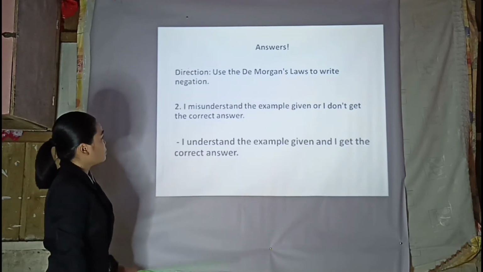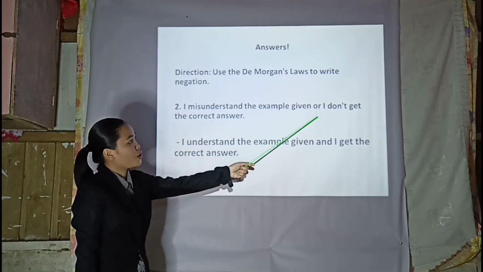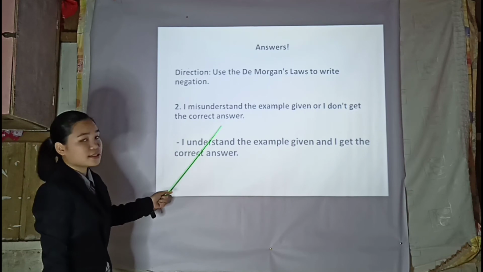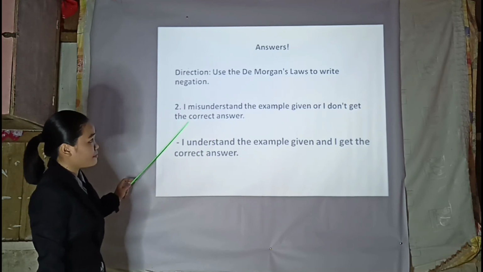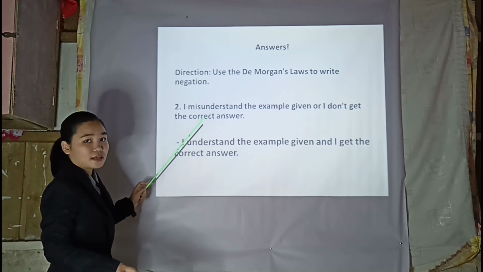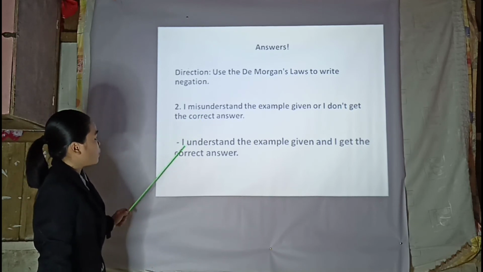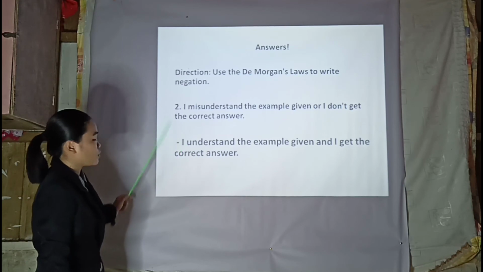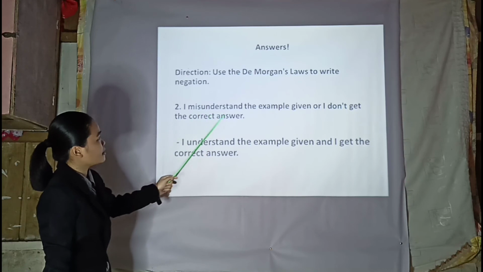Okay, for number 2: I misunderstand the example given or I don't get the correct answer. Since our statement here is negative, we will negate it to make it positive. So the negation is I understand, from the word misunderstand.